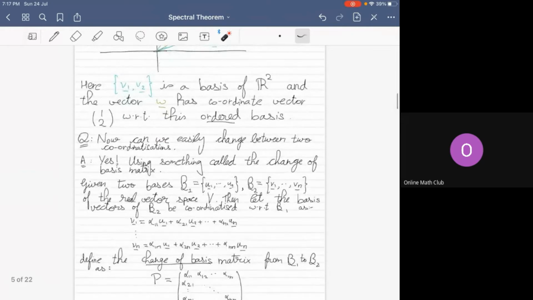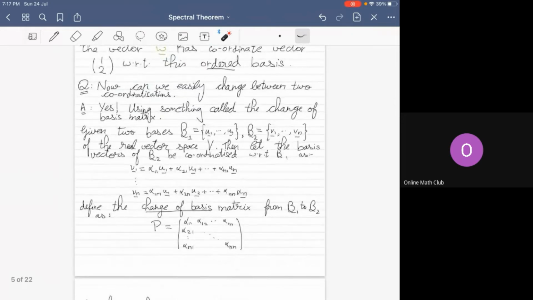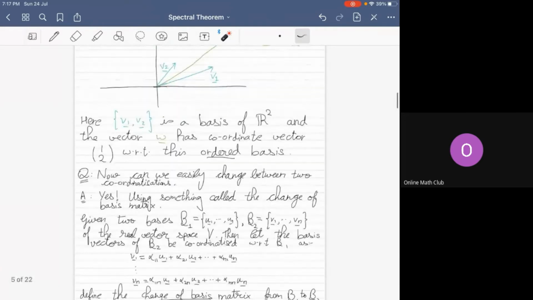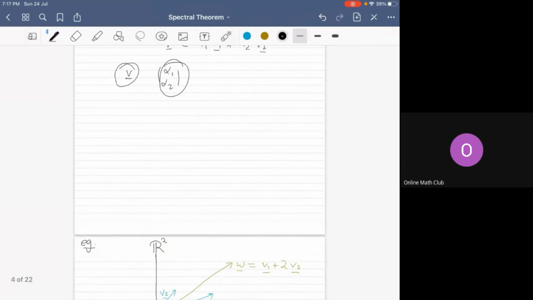Okay. Now the question is, can we easily change between two coordinatizations? What I mean is that if we have R square again, and let's say we have two different bases, I'll take one basis to be the standard basis. This is called the standard basis: (1, 0) and (0, 1). And take any other basis, using a different color.